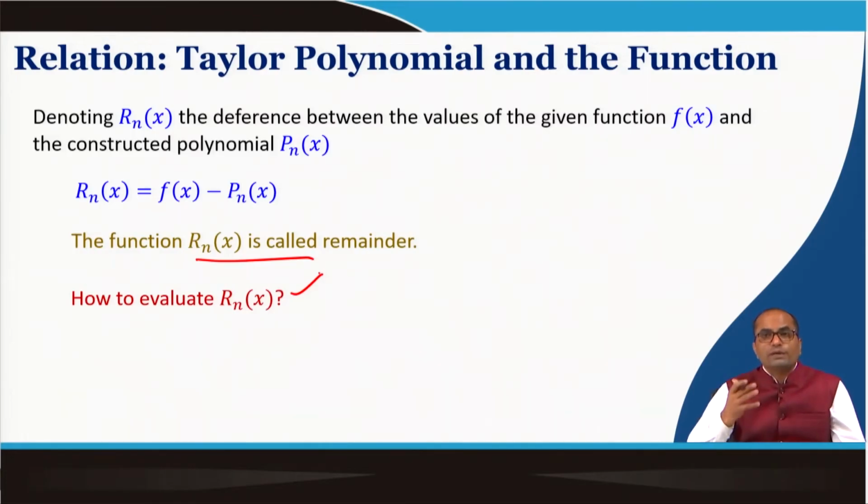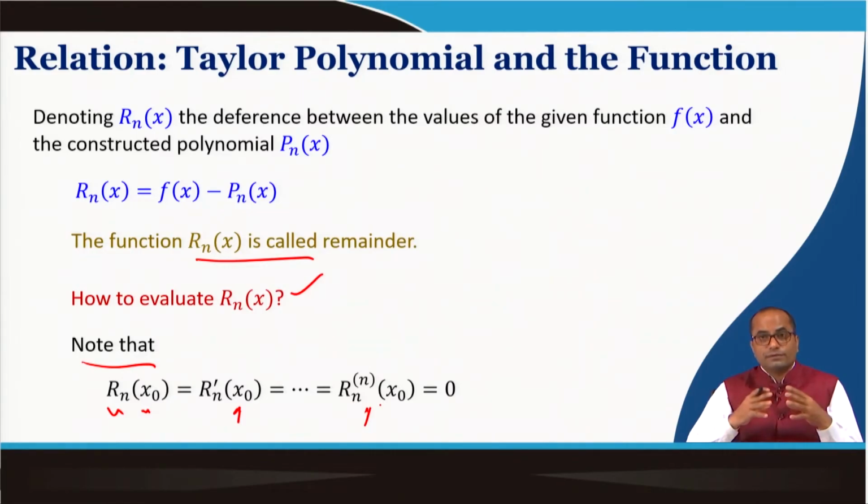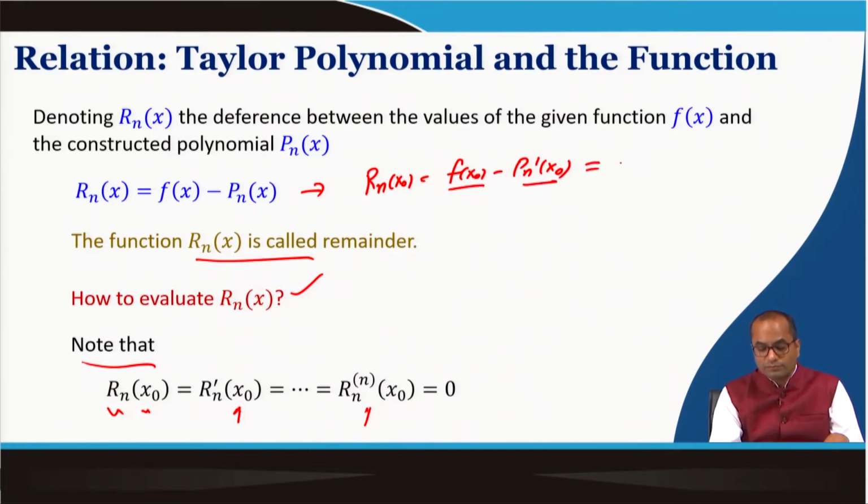Now the question is how to evaluate this Rn(x). We will evaluate this by considering that Rn at x naught, and the derivatives of Rn at x naught up to the nth order derivative, all these are 0. Why? Because we know already that Rn(x naught) is just f(x naught) minus Pn(x naught), and as per the construction these two values should match, so it is equal to 0.